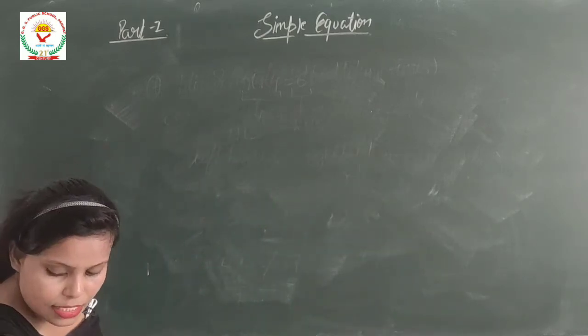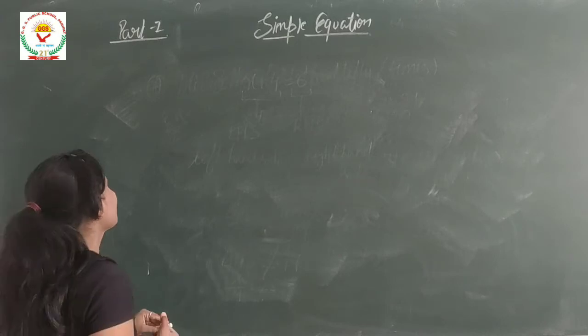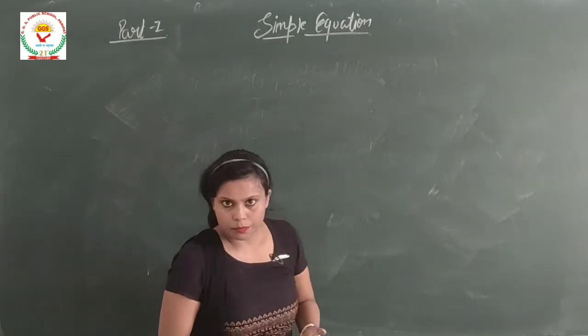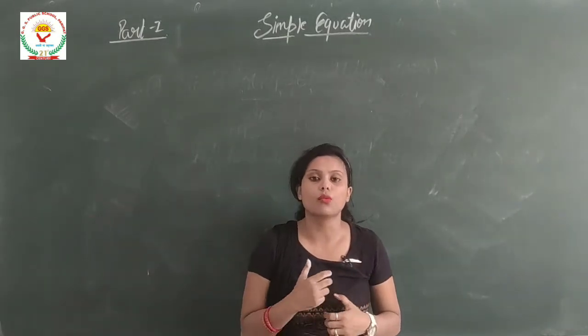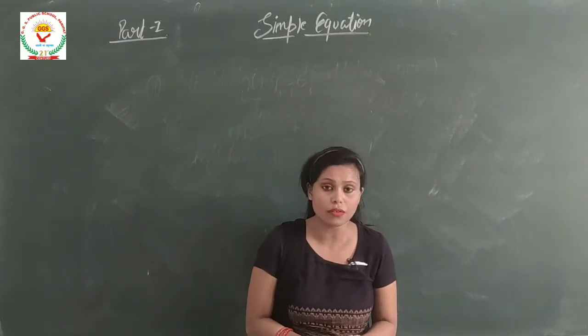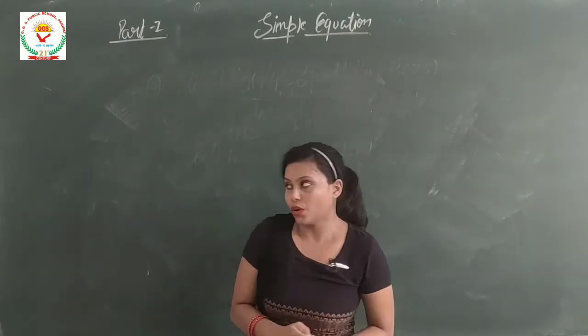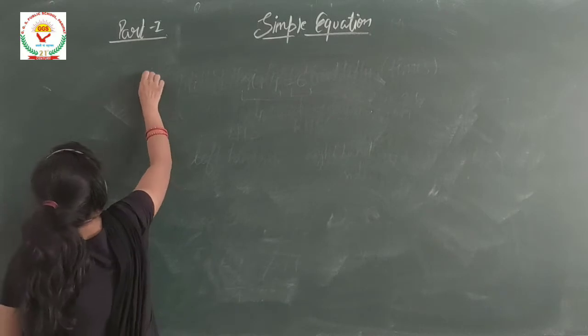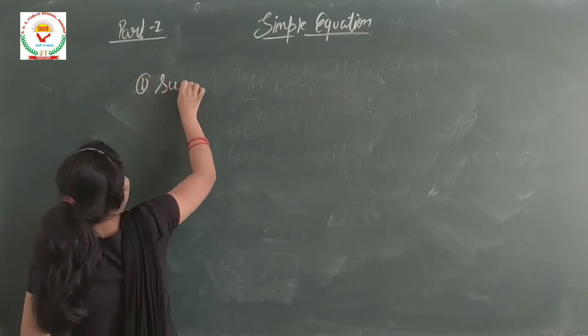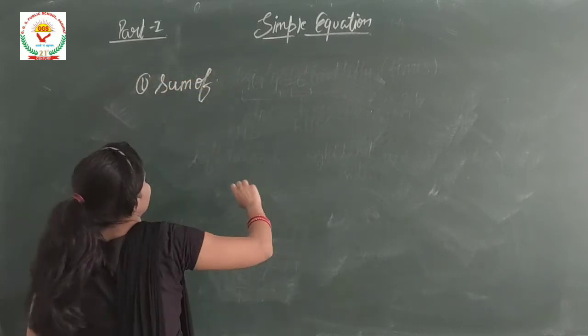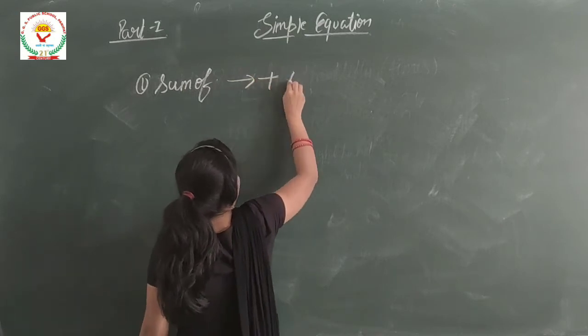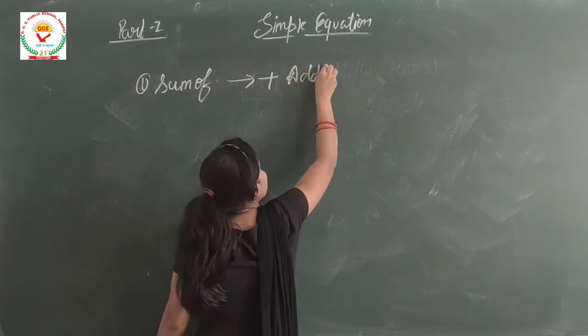Okay, let's have a look. When a statement is given, there are some words which help in the formation of an equation. First is sum of. Sum of means plus or addition.